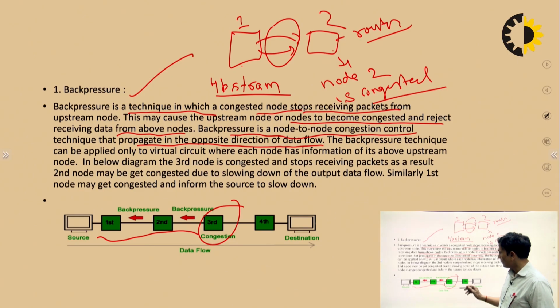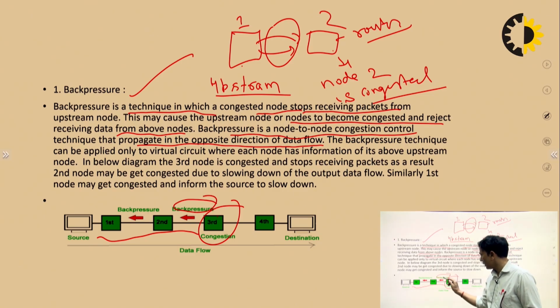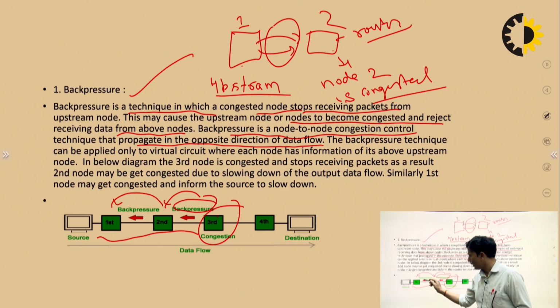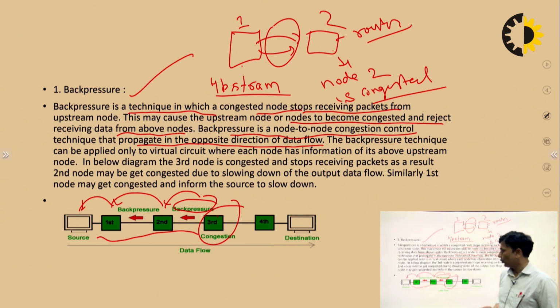So what happens in that case? That third node propagates in the backward direction a small packet, node to node. Remember, node to node. That means it sends a back pressure signal to the second node, then the second node in turn sends the back pressure signal to the first node, and then to the source. The same information is sent.